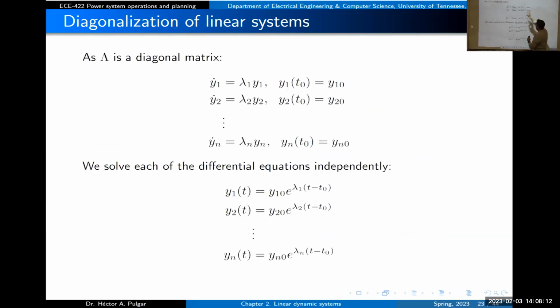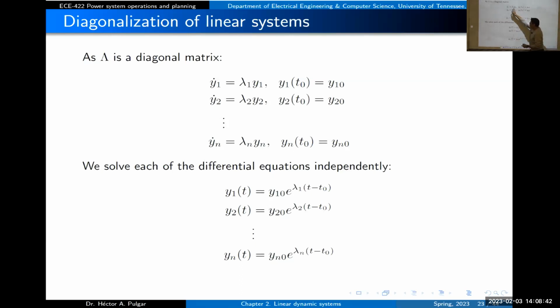This is what I put on the whiteboard, exactly the same. If we have n state variables, you will have n decoupled differential equations with a given initial condition determined using Q inverse x0. This is the first component of Q inverse x0, this is the second component, and so on until the last component of that vector.